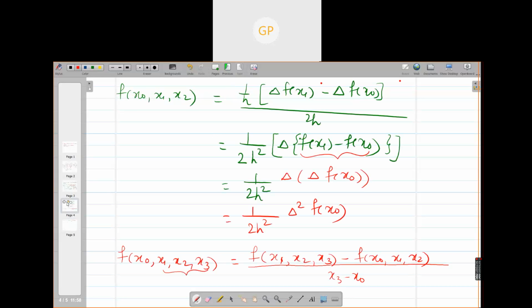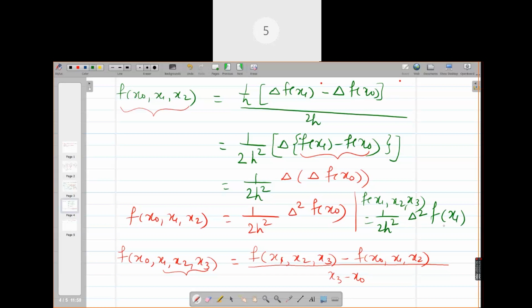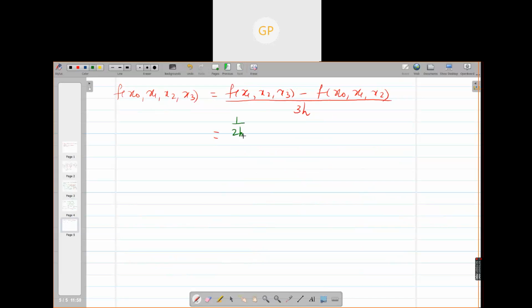From this, can you tell me? It is 1 upon 2h square delta square f of x1. So now I can write directly 1 upon 2h square delta square f x1 minus delta square f x0, divided by 3h.